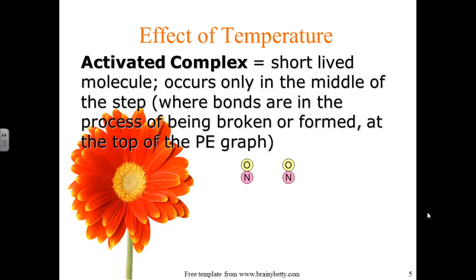And here's the one that we had. We had the reaction where we were breaking the bonds between bromine and nitrogen and forming a bond between the two bromines. So this molecule was our activated complex. It was that in-between, half-broken, half-formed kind of molecule.